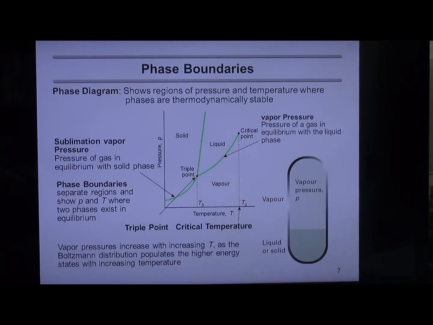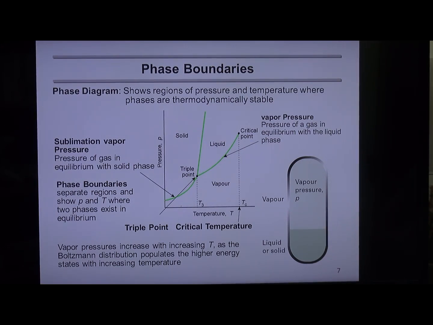Alright, let's move on. Phase boundaries. In the previous section, we saw that the most stable phase at a given temperature and pressure is determined by simply comparing chemical potential, right?